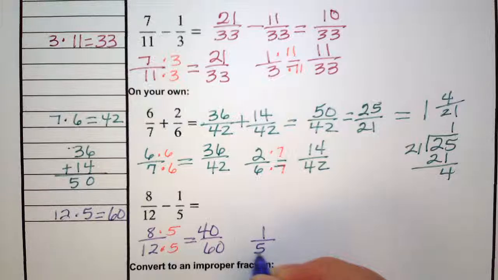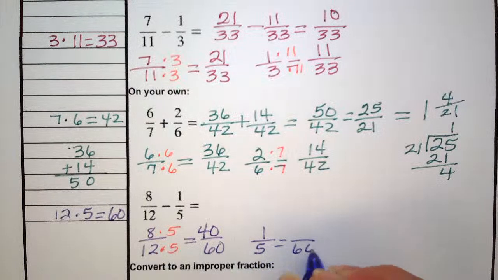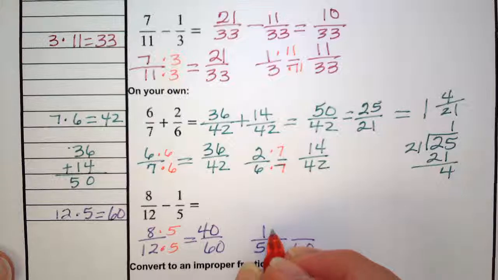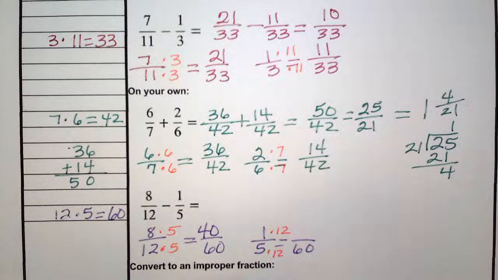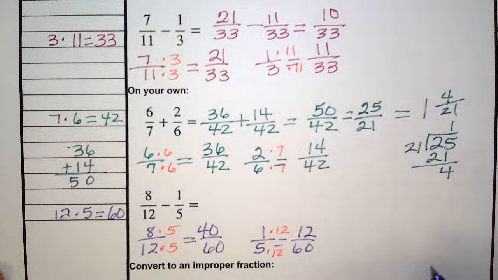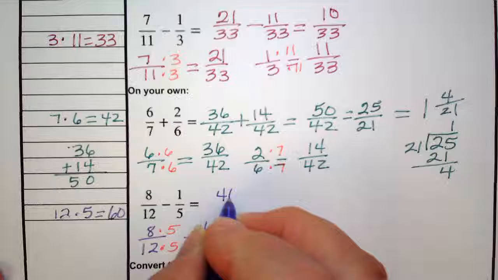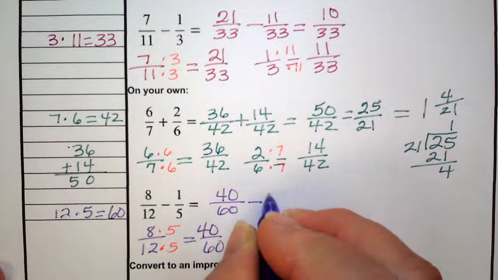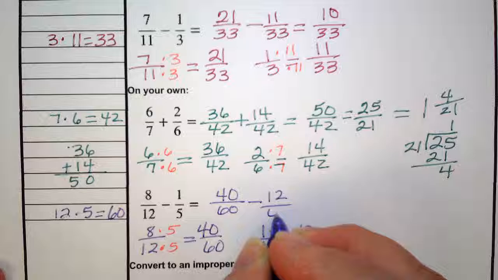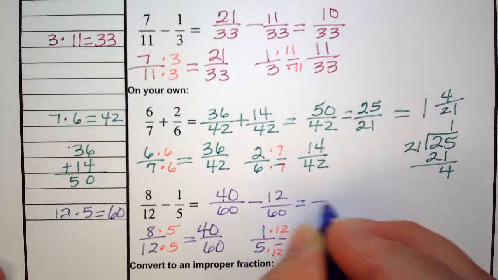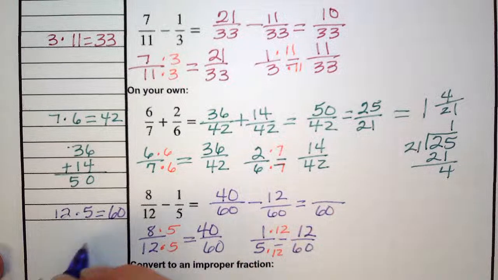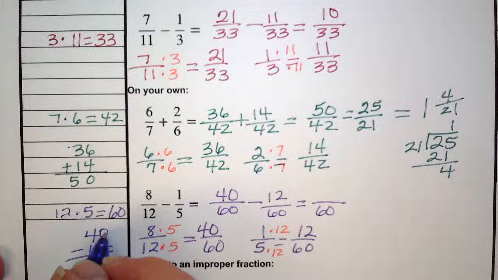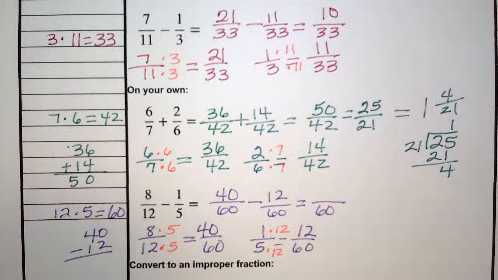1 over 5 is equal to what over 60? I'm multiplying by 12. And it becomes 12 over 60. 40 over 60, 40 60ths, minus 12 60ths equal something over 60. 40 minus 12. 0 minus 2, so I've got to borrow one.